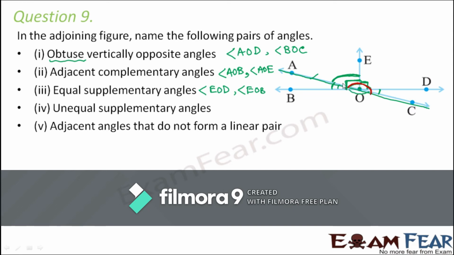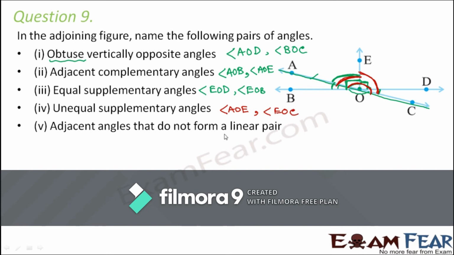Now this angle is again formed by two angles. One is this angle and the other one is this angle, and they are not equal. This angle is greater than 90 degrees and this angle is less than 90 degrees. Therefore these two angles are unequal but they are supplementary. So the answer would be angle AOE and angle EOC.